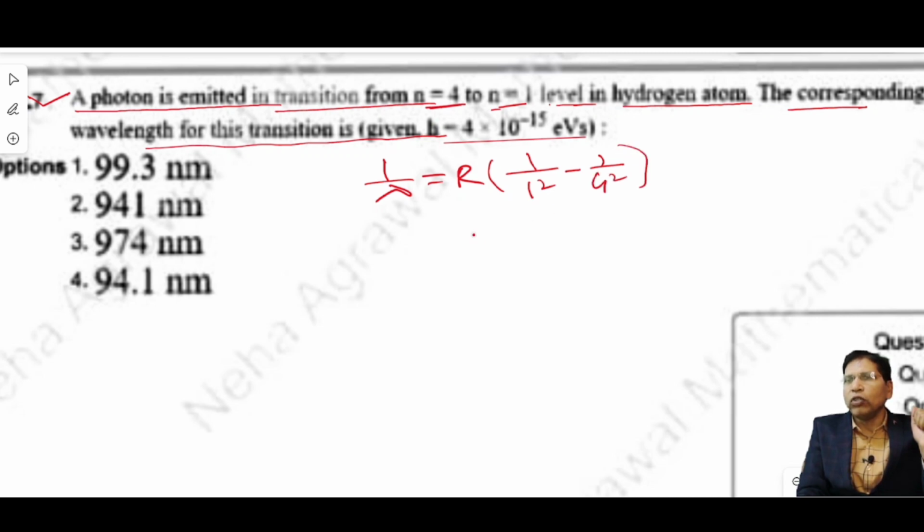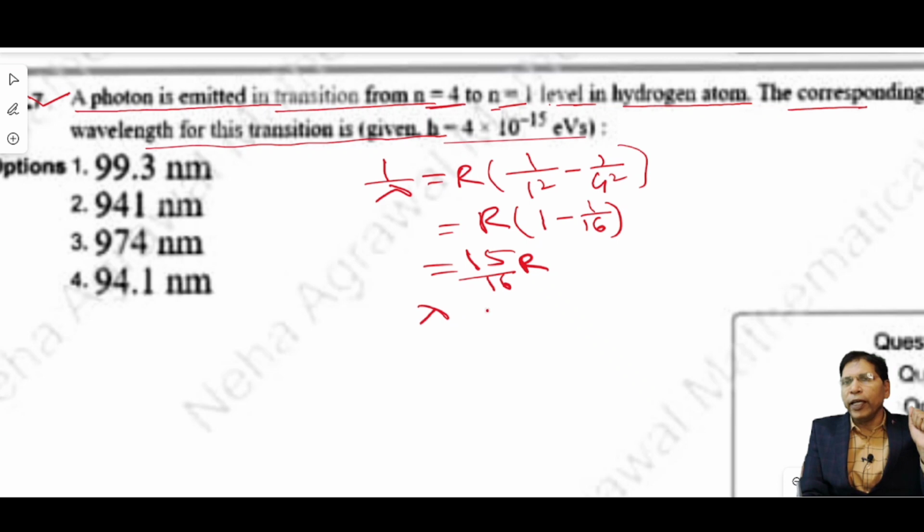So R into 1 minus 1 by 16, which is 15 by 16 R. Therefore, lambda is equal to 16 by 15 into 1 by R.